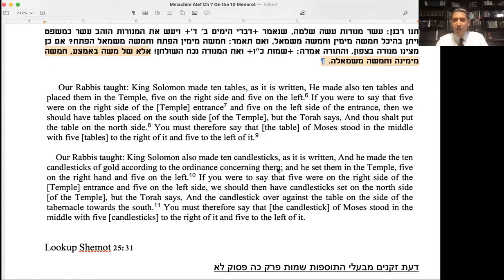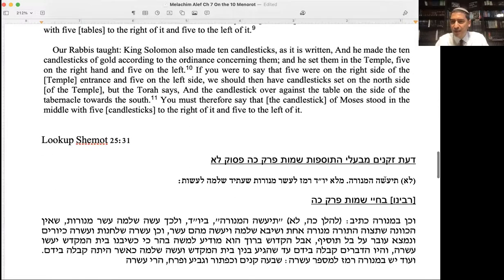And then it keeps going. It tells you it's the 6 branches with the stem in the middle, right? So from here, some of the Rishonim wanted to tease out that maybe there's a hint right here to the fact that in the future there would not be 1, but it would be tenfold. If you look with me on the screen, the Daat Zekenim Ba'alei Tosafot, Te'aseh HaMenorah. I mean, this is like, really?